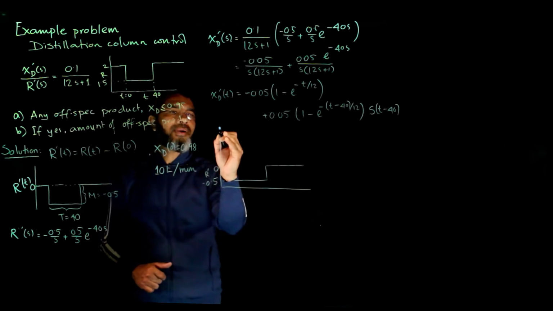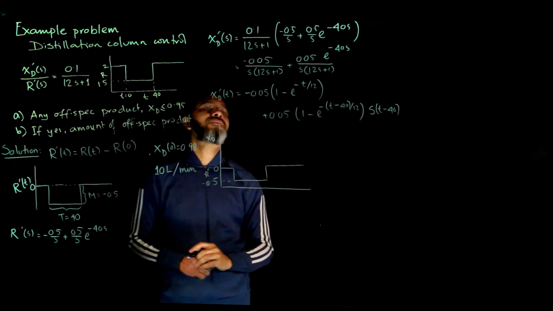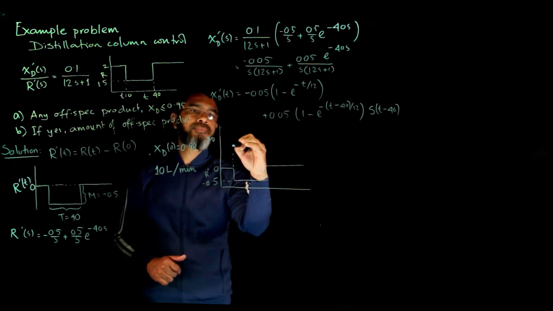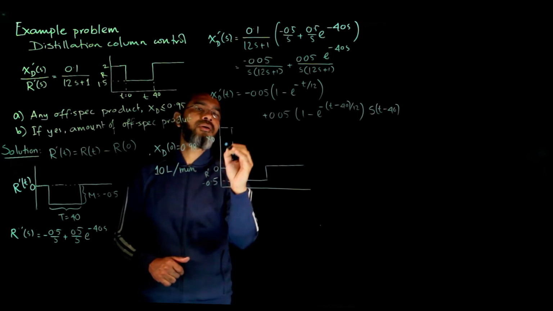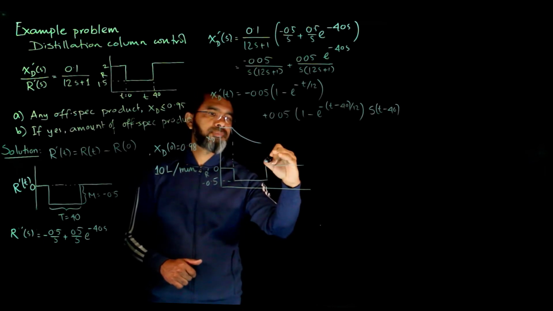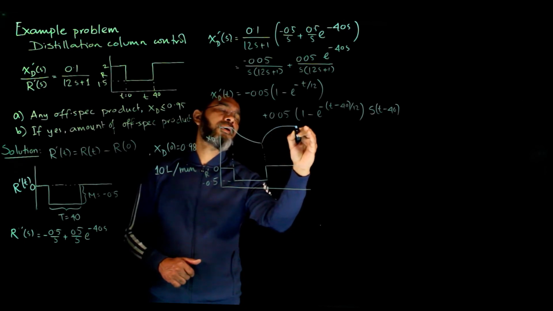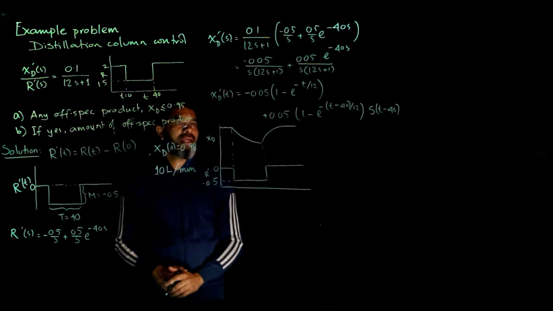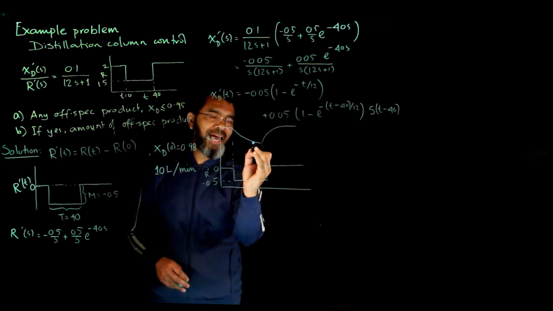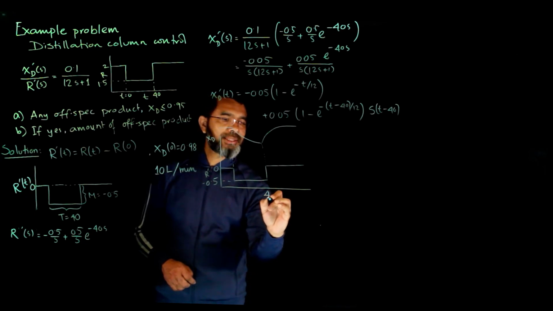And if I take this output to be xd, initially at time 0, whatever value it was there, it will come back and then it will go back again. Okay, so you can see if it comes to 0.95 or something like a value like that, it will be before t equals 40.